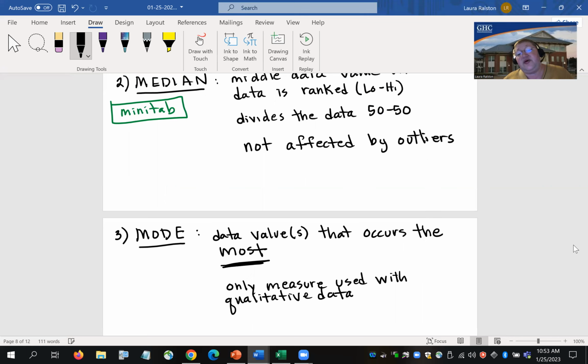The mode is the only measure that we use with qualitative data. We can think about which category occurs the most. And so it is the only measure out of all of them that we talk about that is used with qualitative data.